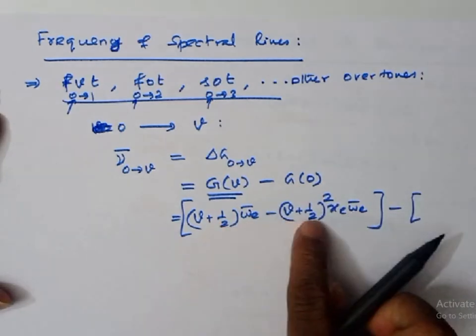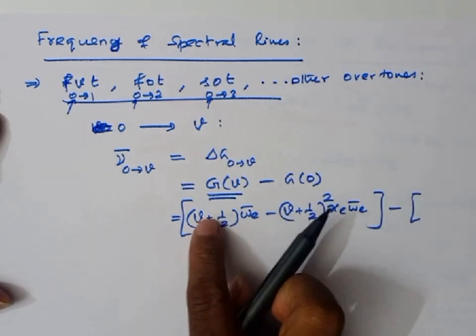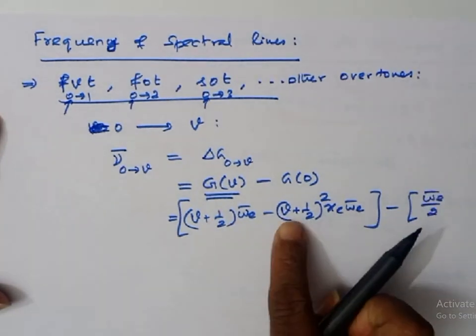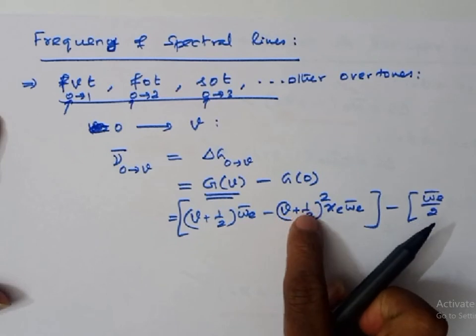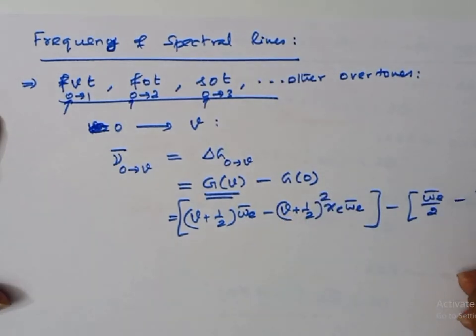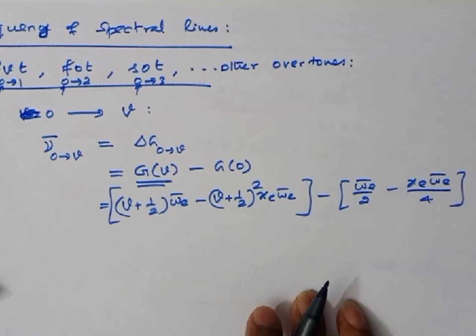So wherever V is there, you put 0. If you put 0 here, 0 plus 1 by 2 is 1 by 2, so you get omega E bar by 2. And if you put 0 here, 0 plus 1 by 2 is 1 by 2, and 1 by 2 squared is 1 by 4, so we get Xe omega E bar by 4.